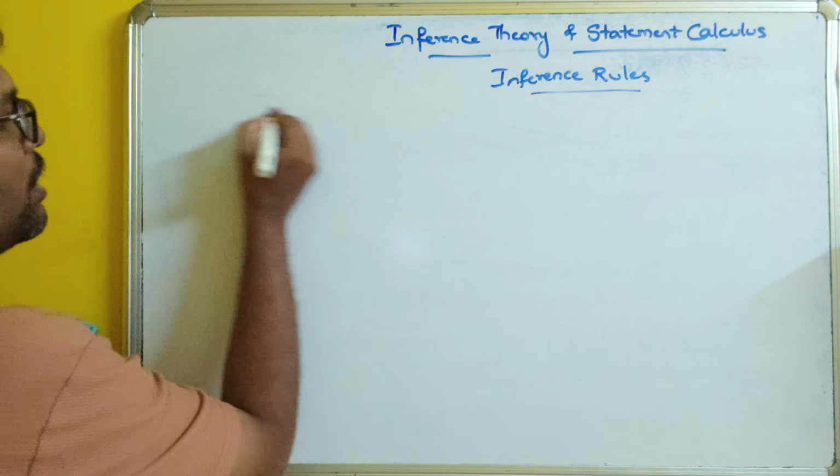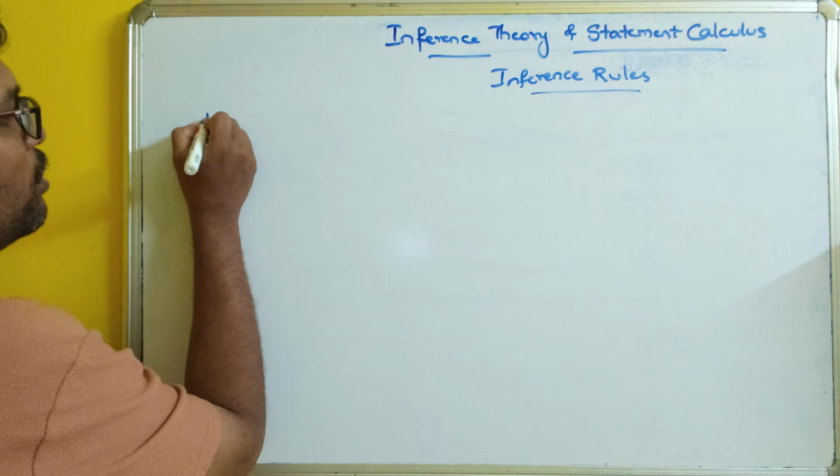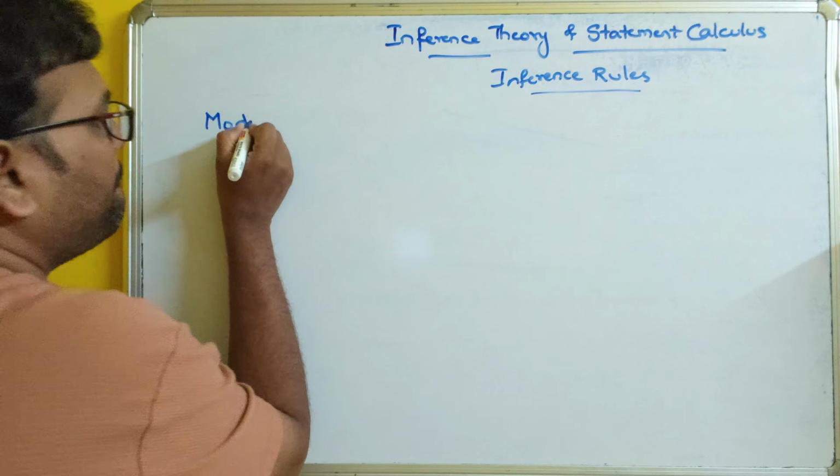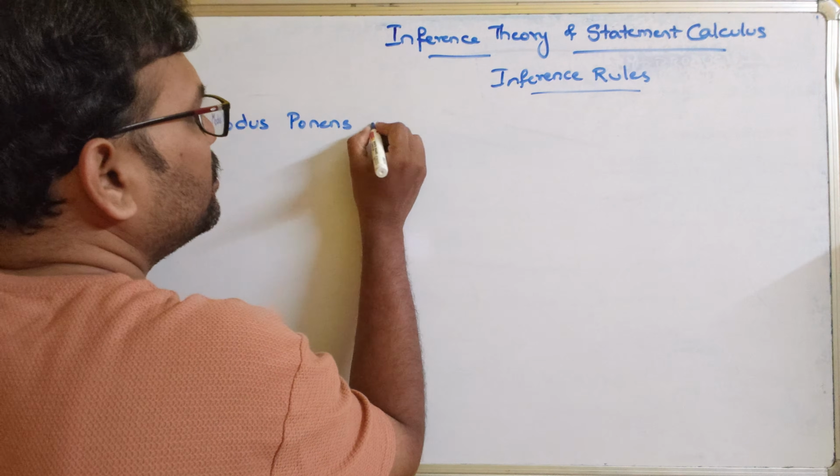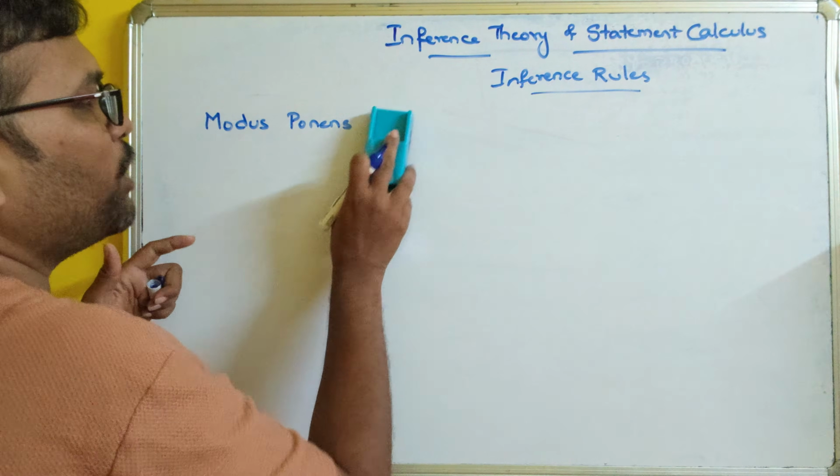So, inference rules. The first rule is modus ponens. What is the modus ponens rule?